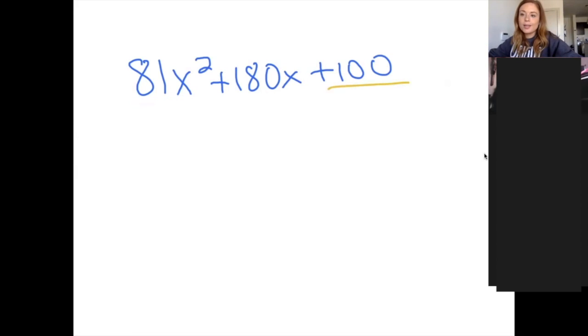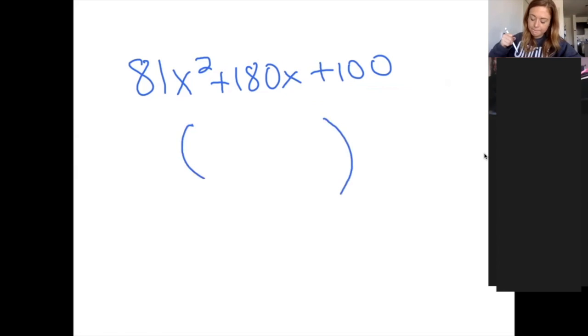Is 100 on my perfect square list? Yeah. What times what gives me 100? 10. Okay, so those are both perfect squares. And then is that 100 positive? Yeah, so then we have a perfect square situation. So we open up one parenthesis, put a little square at the top.